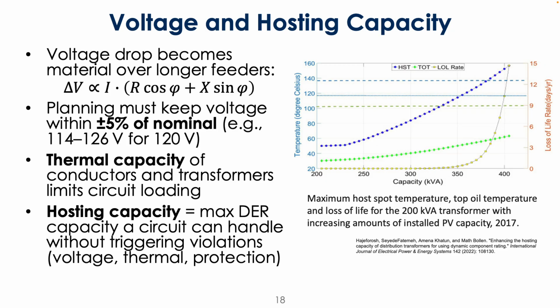So related to this point that we've been skirting around, the equipment in a network, both the wires and things like the transformers themselves, have ratings and a maximum amount of what we call hosting capacity, right? That they can handle.